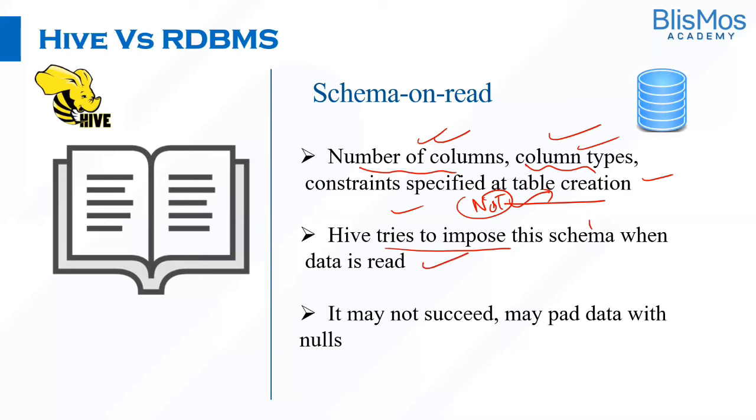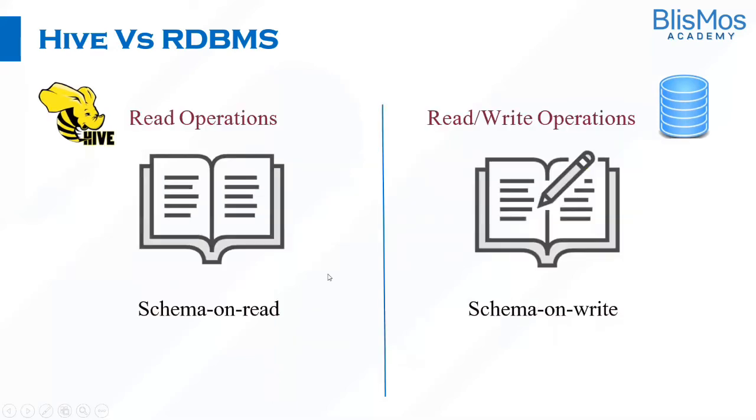Whenever it is not succeeding, it pads the data with nulls. If we define the schema at creation itself, we can take care of the null values. But if you don't enforce the schema while creating the table, we cannot really manage the null values. That is why Hive imposes a schema when reading the data from HDFS and exposing it to a user, padding with nulls wherever there are no values.